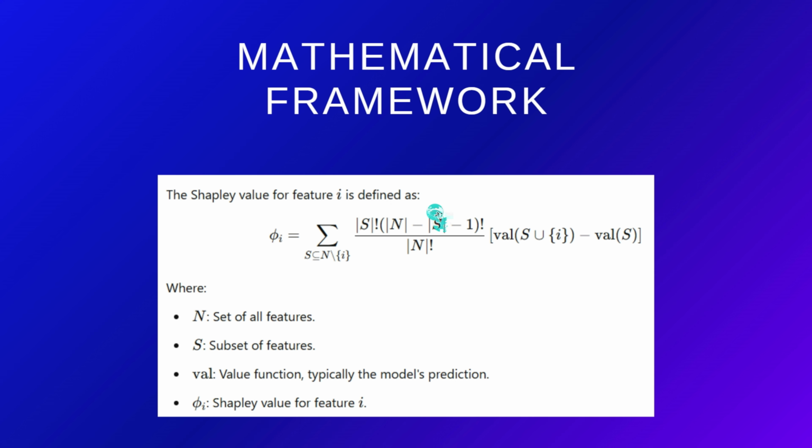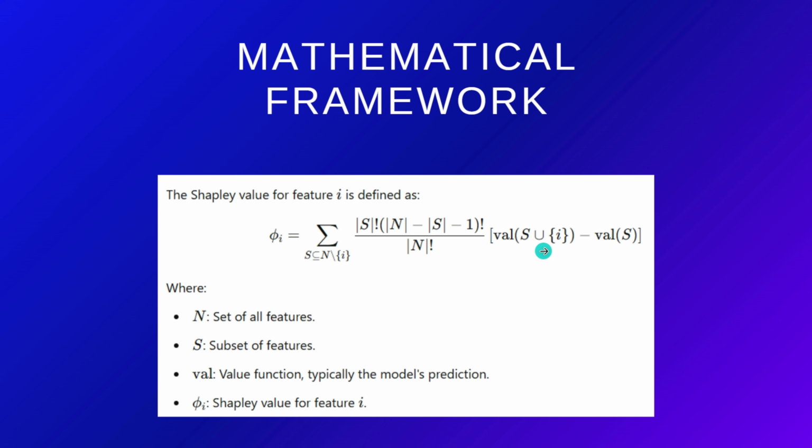Here, this factorial of the size of N minus S minus 1. This term accounts for the arrangements of features not in S but excluding i. And here N factorial, this is the total number of arrangements of all features in the full feature set N.